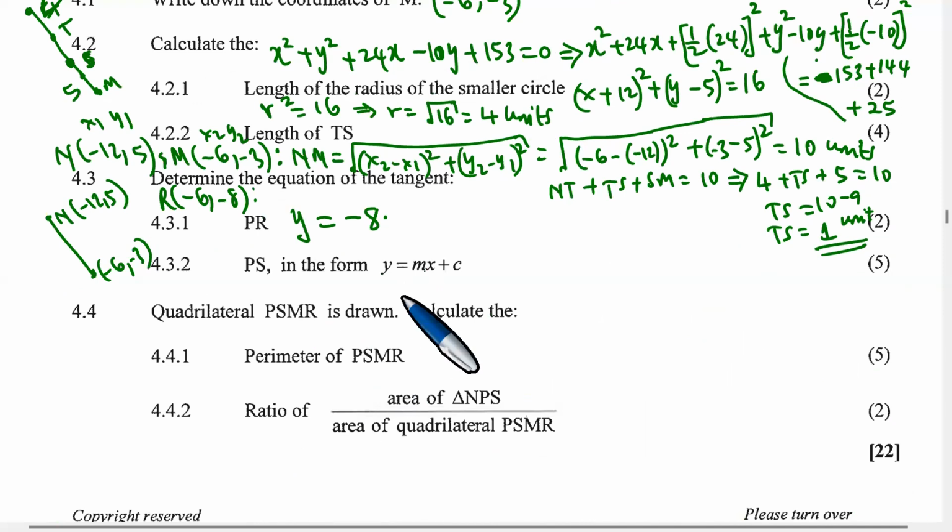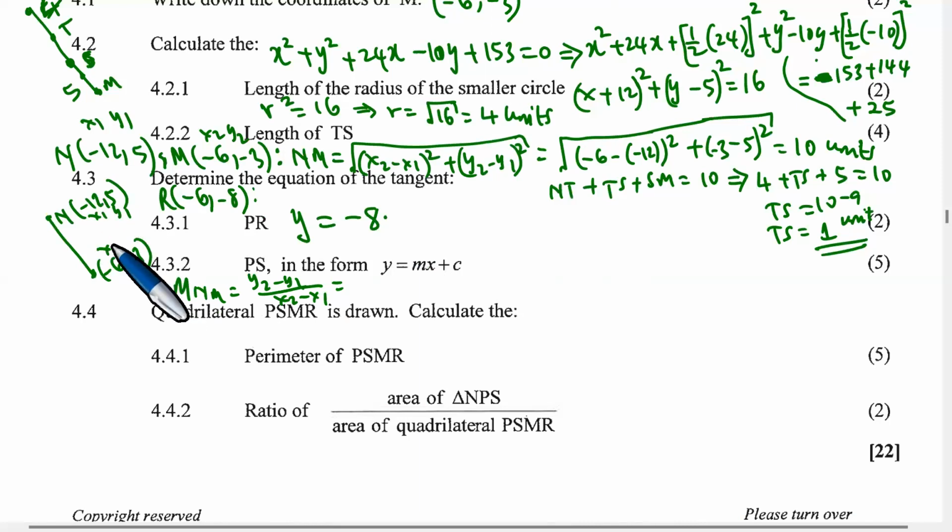So you can find the gradient. You have y2 minus y1 over x2 minus x1.